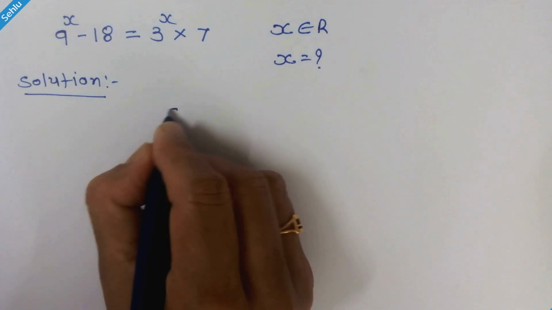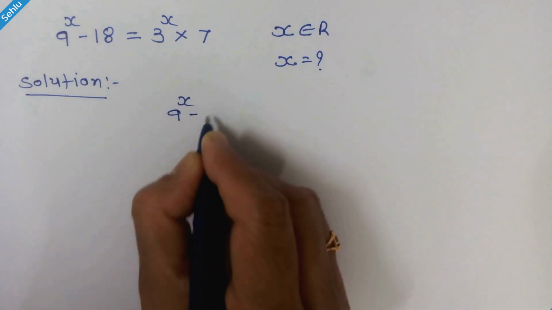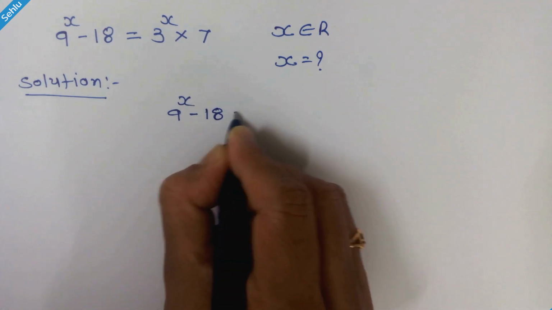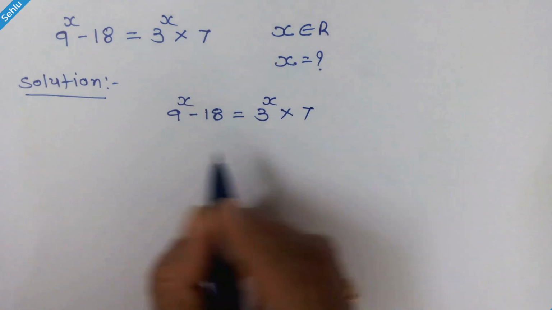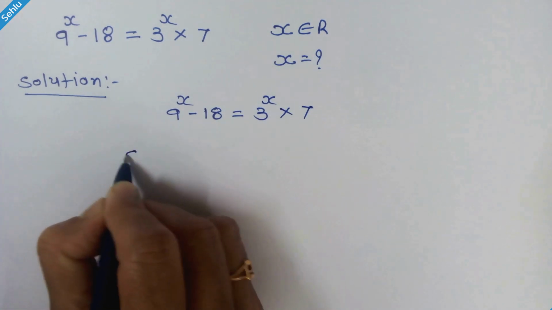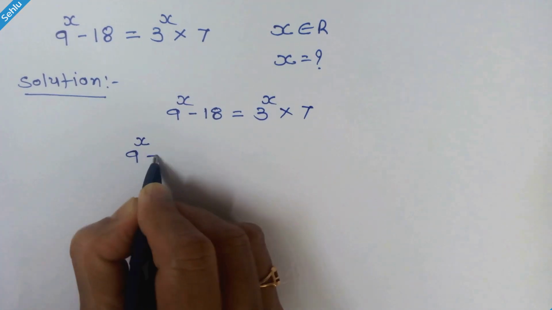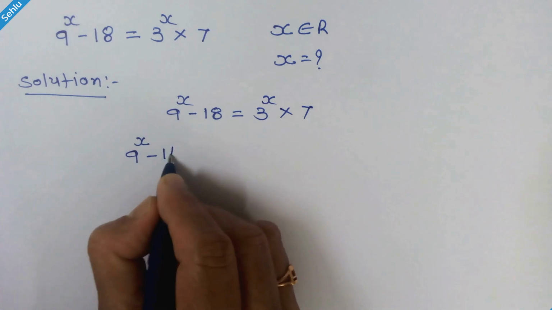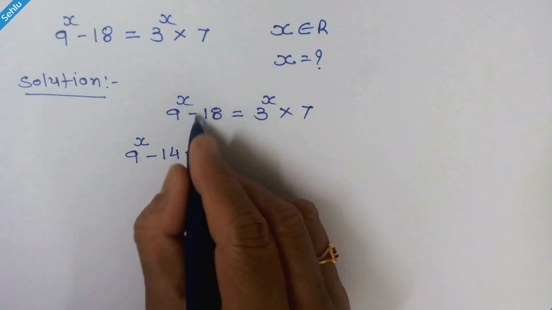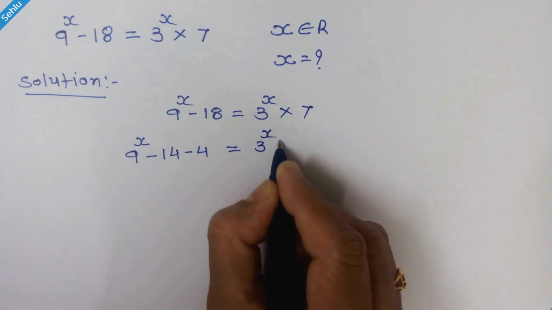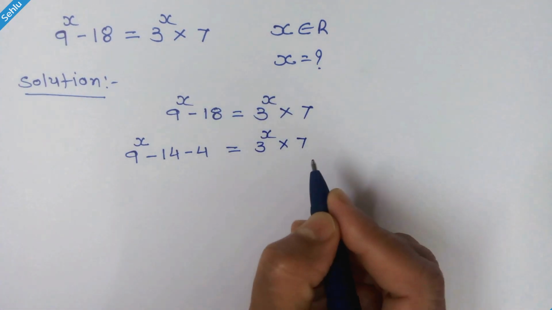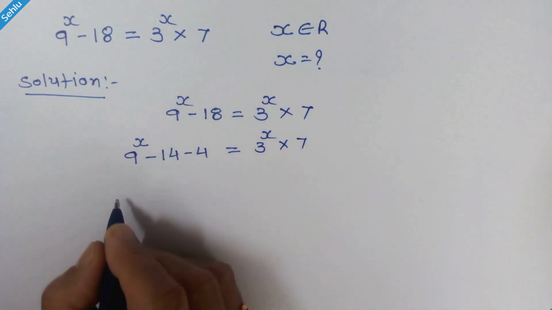So our question is 9 raised to x minus 18 is equal to 3 raised to x times 7. Now we can write 9 raised to x, and here we can write minus 14 minus 4 in place of minus 18, is equal to 3 raised to x times 7. Now we will add 14 both sides.